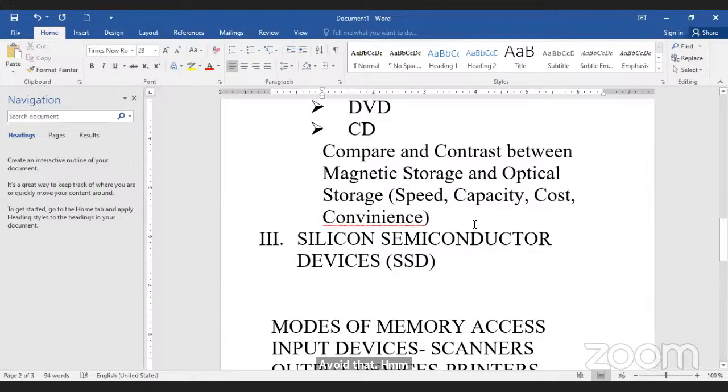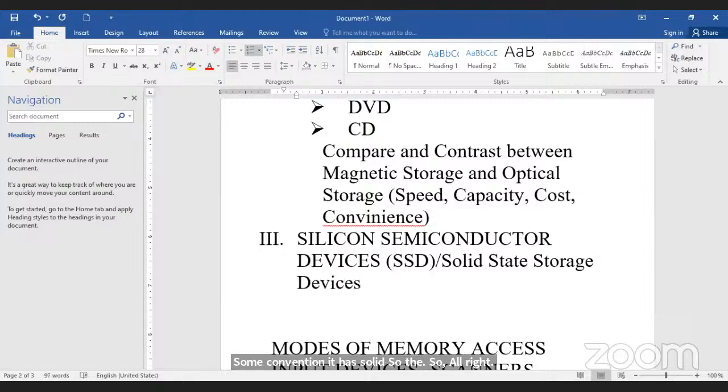That's being lazy. So we have silicon semiconductor devices, which we also call solid state. Sometimes in an exam someone can mention silicon semiconductor devices, or some can mention them as solid state storage devices.